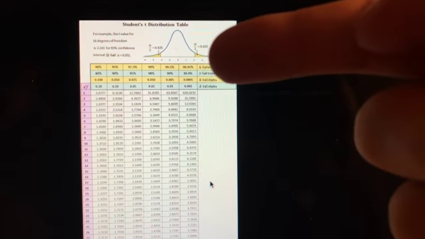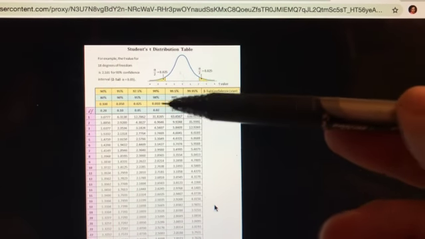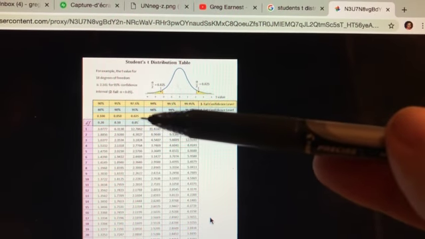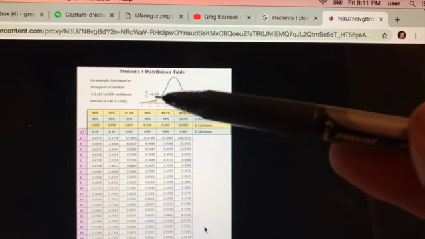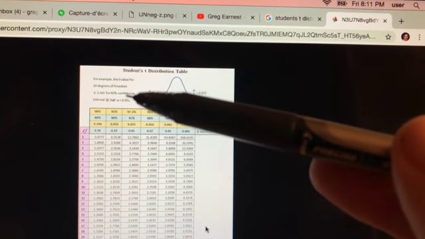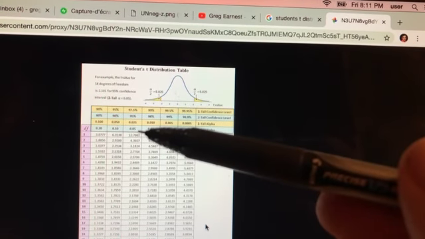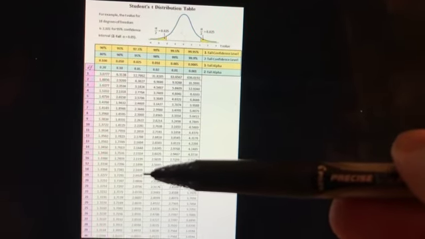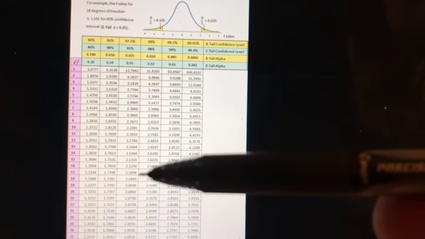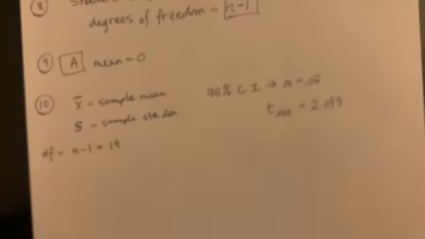For a two-tailed confidence interval, if it's 95%, then your alpha would be 0.05, and alpha over 2 is 0.025. So for a two-tail alpha of 0.05, we go down to 19, and we get 2.093. And that's what I had in that other chart.